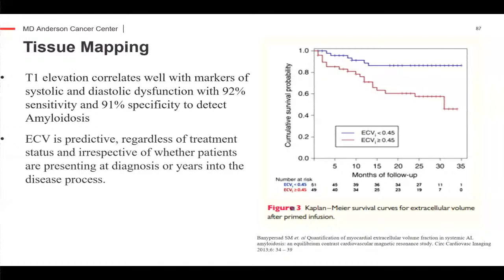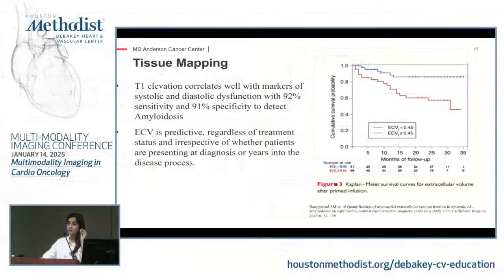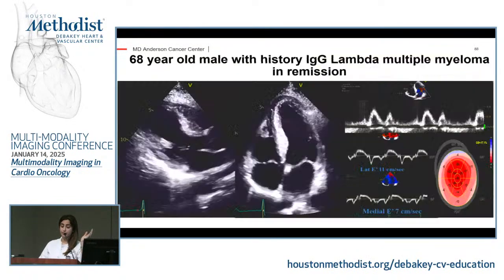Higher T1 elevations do correlate with both systolic and diastolic dysfunction, along with ECV itself being predictive of adverse outcomes. Patients who were previously treated or are currently undergoing treatment for AL amyloidosis who have a higher ECV are more likely to have poor outcomes and poorer survival.